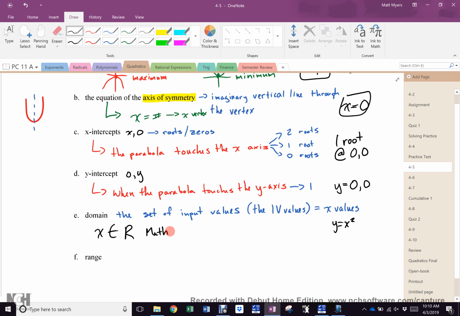No, of course not, because we couldn't have negative time, could we? Or something like that. So in math, it's that. In reality, the domain is restricted.